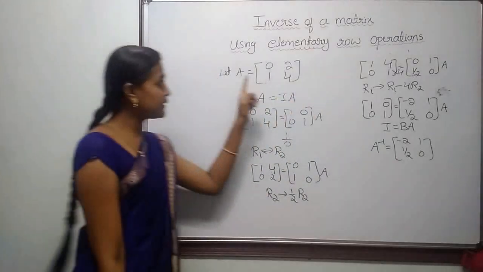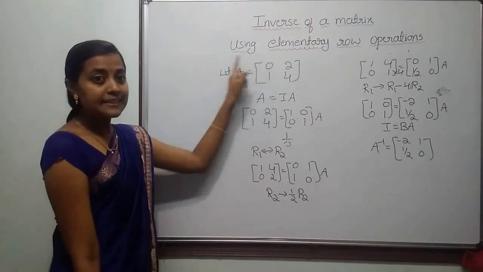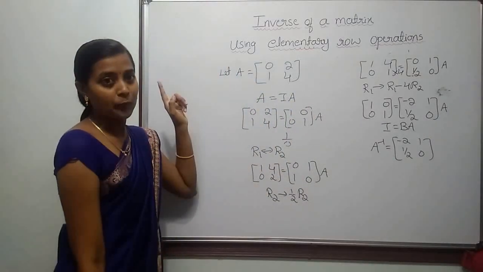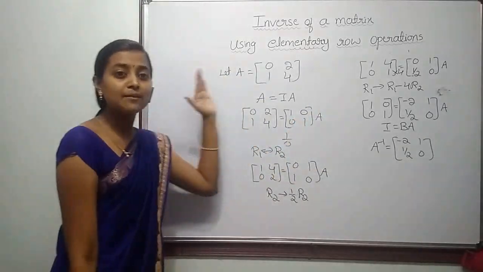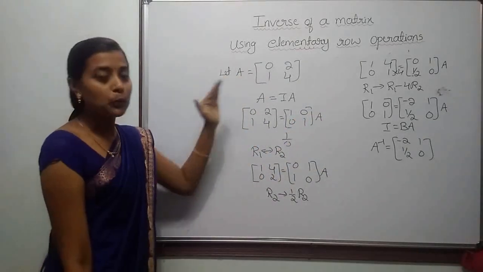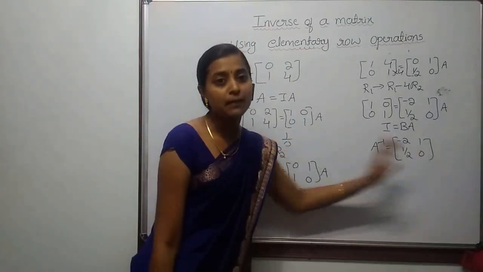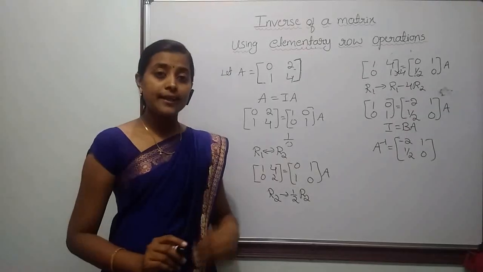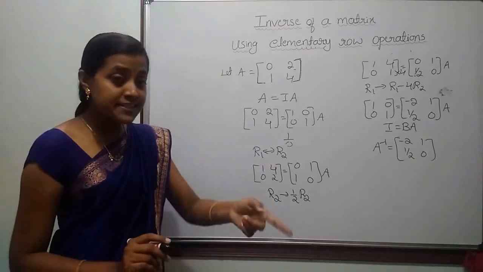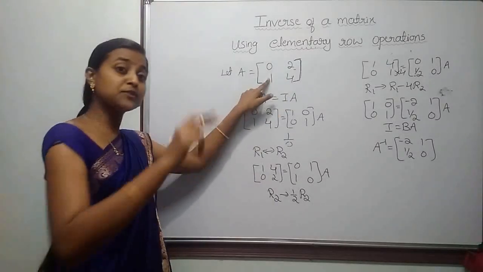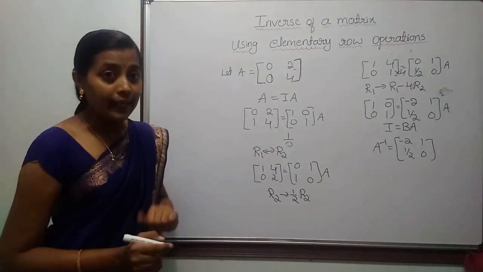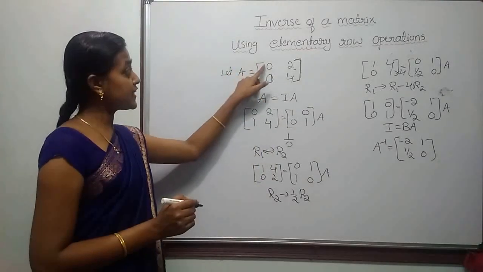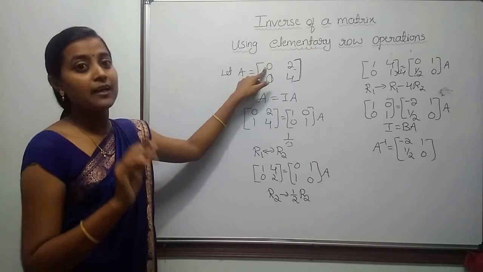If the first element is 0, then interchange that with second row and then use the same method which I explained in the previous examples. You will get the inverse of the matrix. Now suppose if the first element of second row is also 0, then how can you reduce the first element of the matrix to 1?